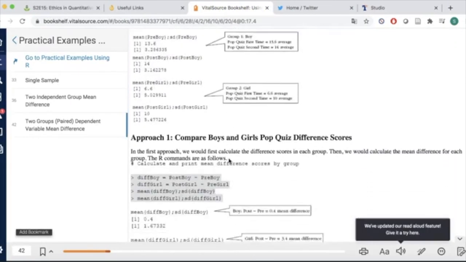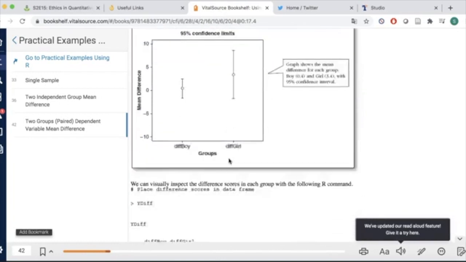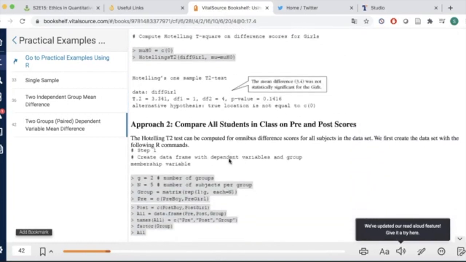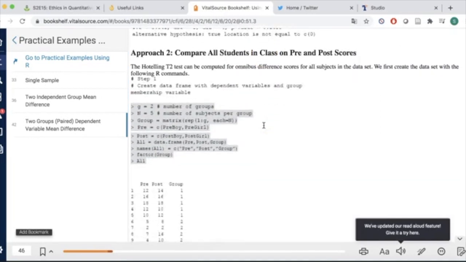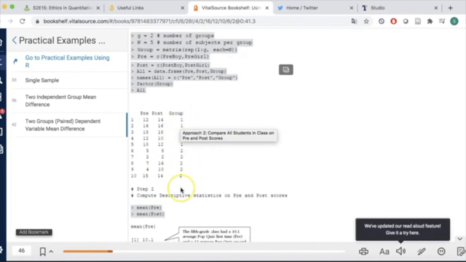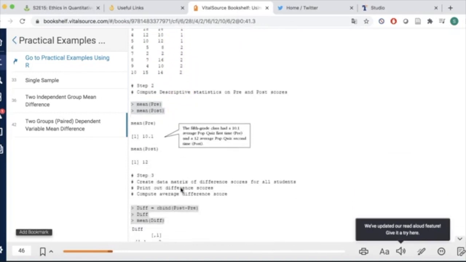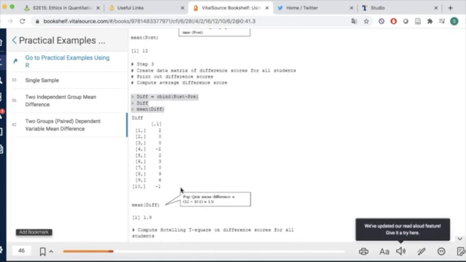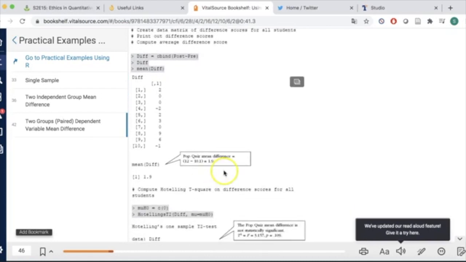I did approach 1; in the second, you could just compare the pre and the post to see if there was a difference across time. It's honestly the same process. You're just gonna have pre-post, you're gonna create a variable for groups, and then you're gonna find the differences, and then you do the same thing that we've done before. So you're welcome to look in your textbook for that type of example.